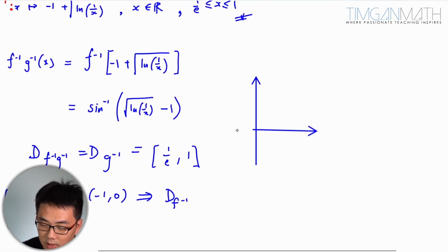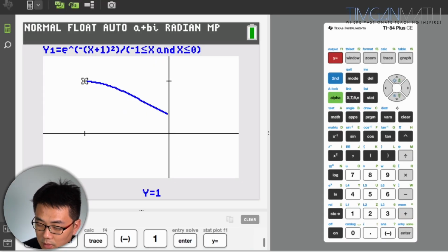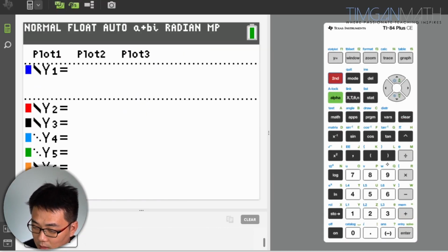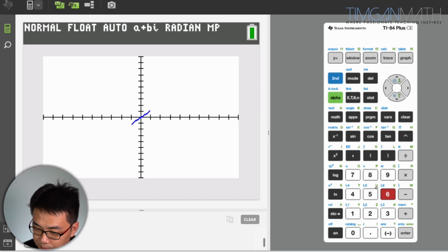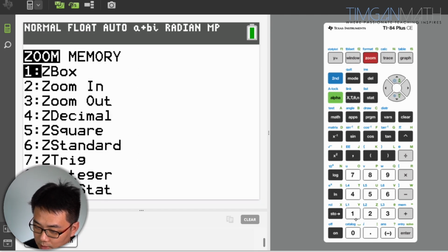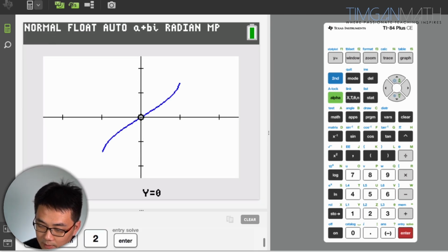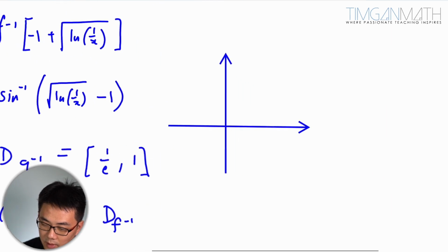The F inverse graph looks like that. I don't want to introduce too many inverse functions, so I'm just going to use this graph here. Zoom in a bit. Let me draw it out: y equals sine inverse x.